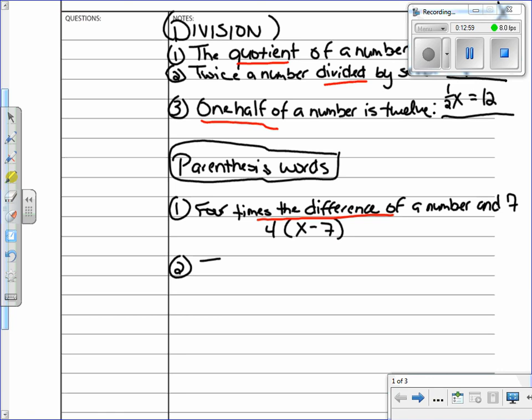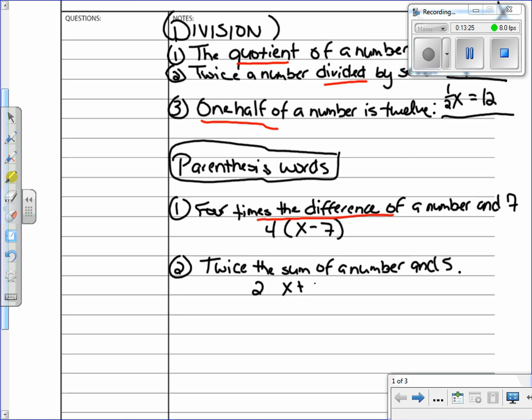Another example is twice the sum of a number and 5. Twice means we're doing 2 times something, but we're doing 2 times the sum of a number and 5.